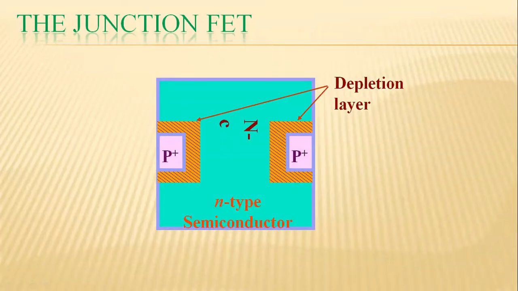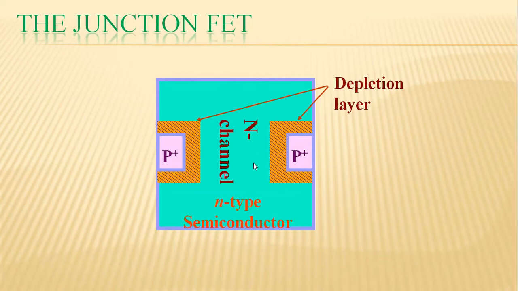The region between these two depletion layers in the N-type semiconductor bar is called the channel, and this is of N-type material, so we call this N-channel.